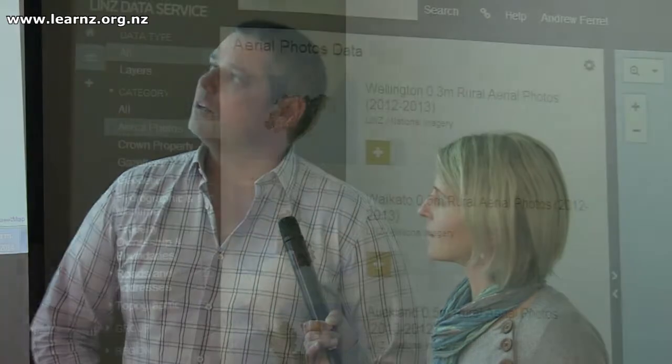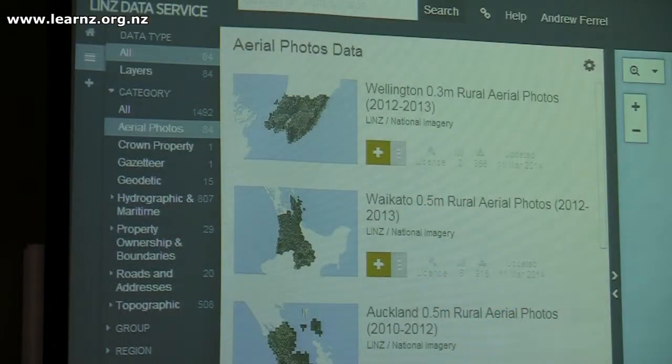Now geodetic's a word that not many people know about, but essentially that's the survey marks that the surveyors use. And so all this information is available on a service where you can download it for free.